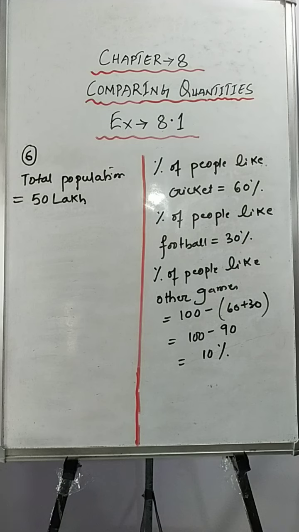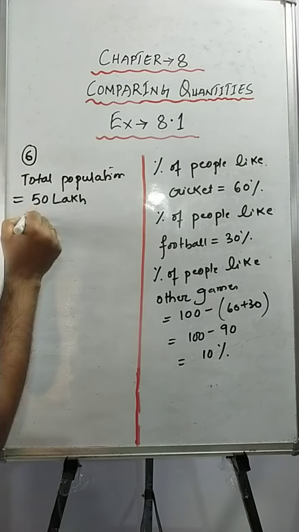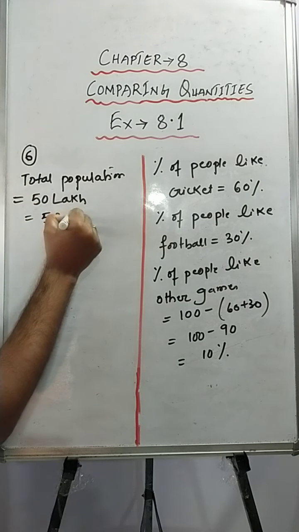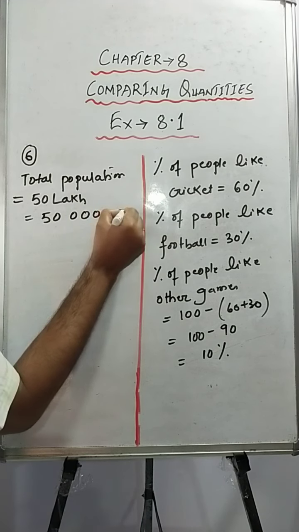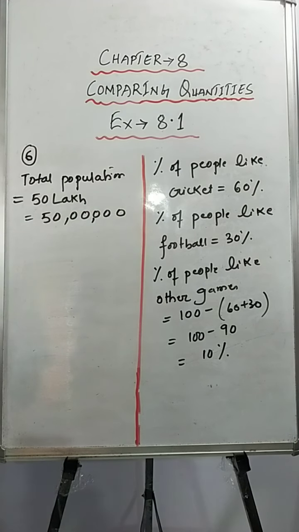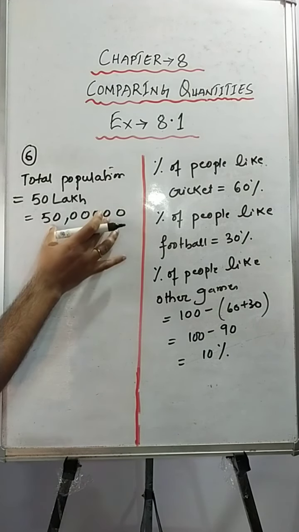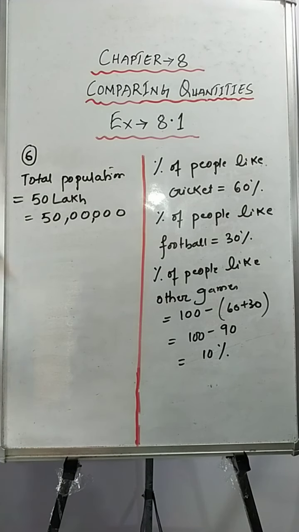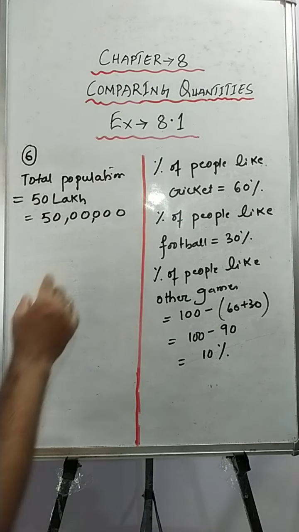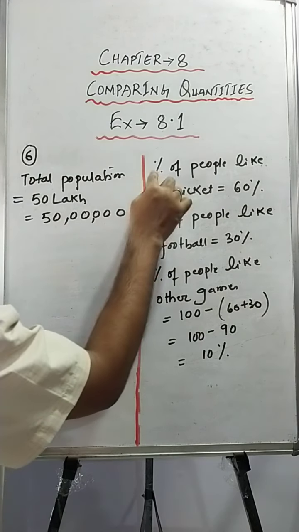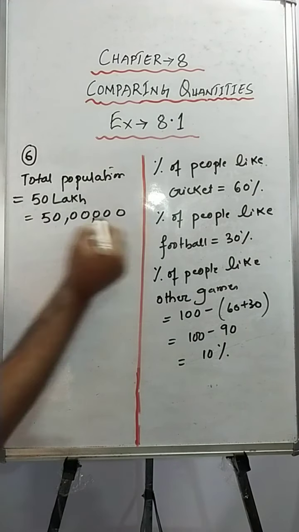So how to write 50 lakh? 50, then 5 zeros: 1, 2, 3, 4, 5. So this is the total population of that city. Now they have asked, find the exact number who like each type of game. This time we will find out the number of people, not the percentage of people.